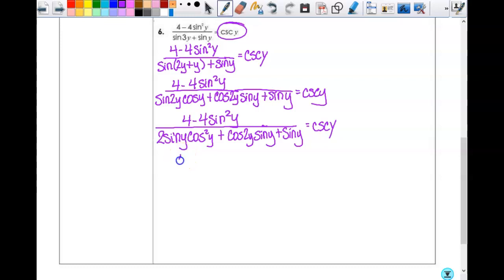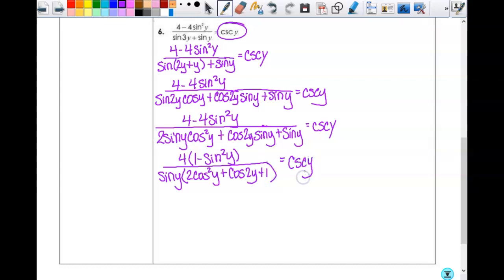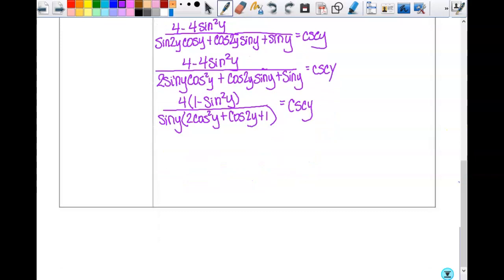So in the numerator, I get 4 times 1 minus sine squared y over, then I'm going to factor out a sine y. That leaves me with 2 cosine squared y plus cosine 2y plus 1 equals cosecant y. And there are parentheses there. Y'all see those parentheses? You have to have them.